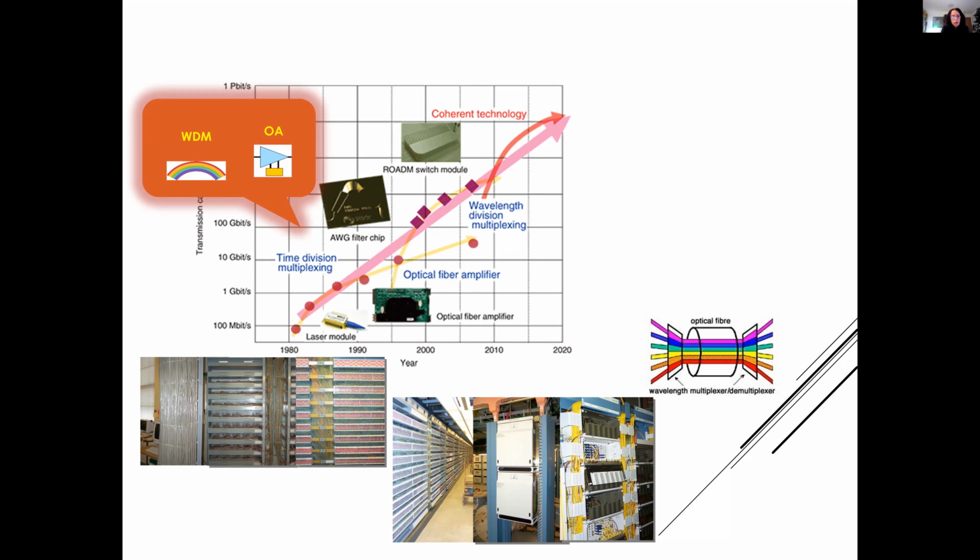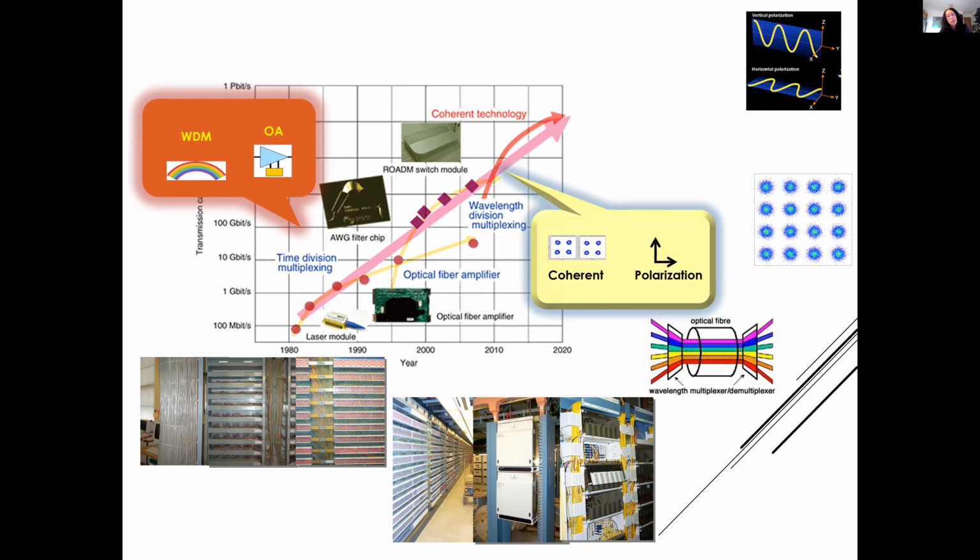After that innovation, they discovered that instead of transmitting a single bit, we can transmit a symbol, using quadrature amplitude modulation, for instance. So they moved to what they called coherent transmission.